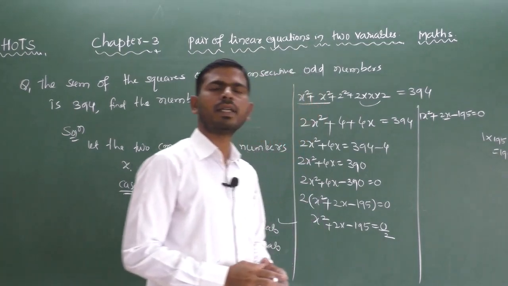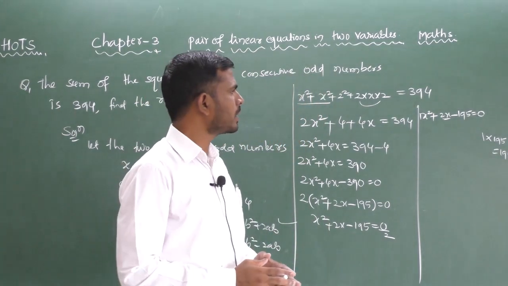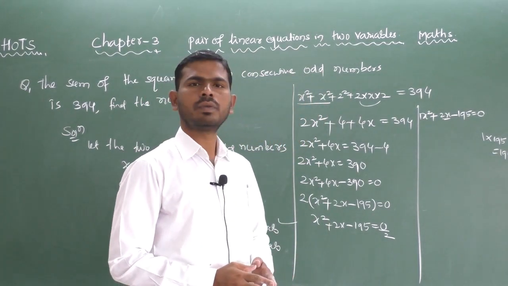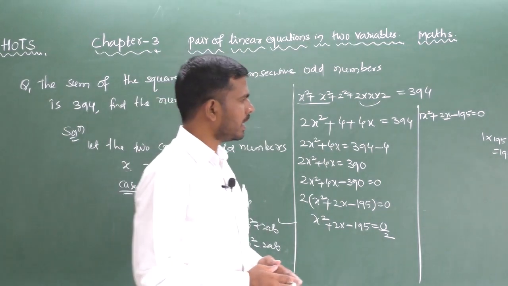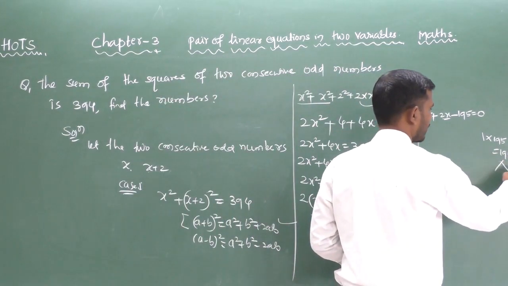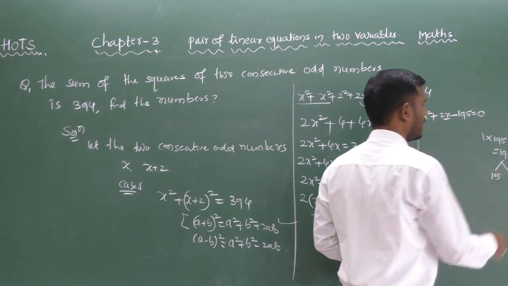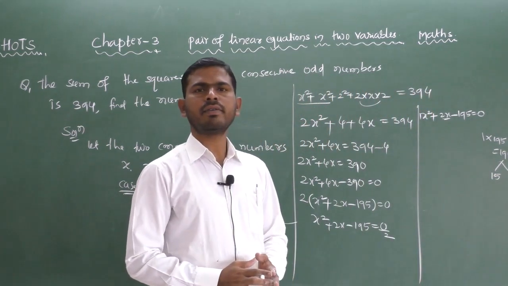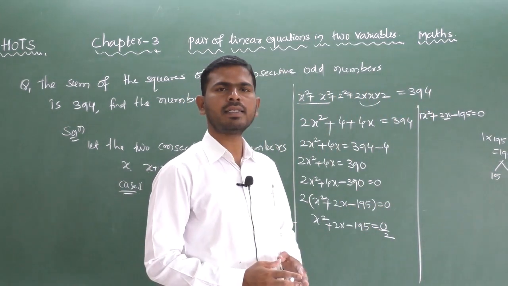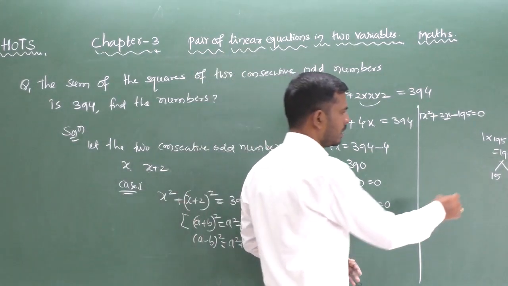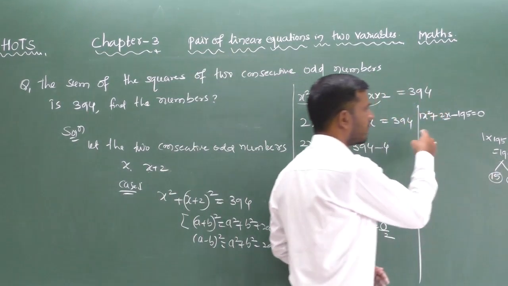So the product is 195 and the difference required is 2. The factors of 195 are 15 and 13: 15 times 13 is 195, and 15 minus 13 is 2. So this factor pair is suitable.